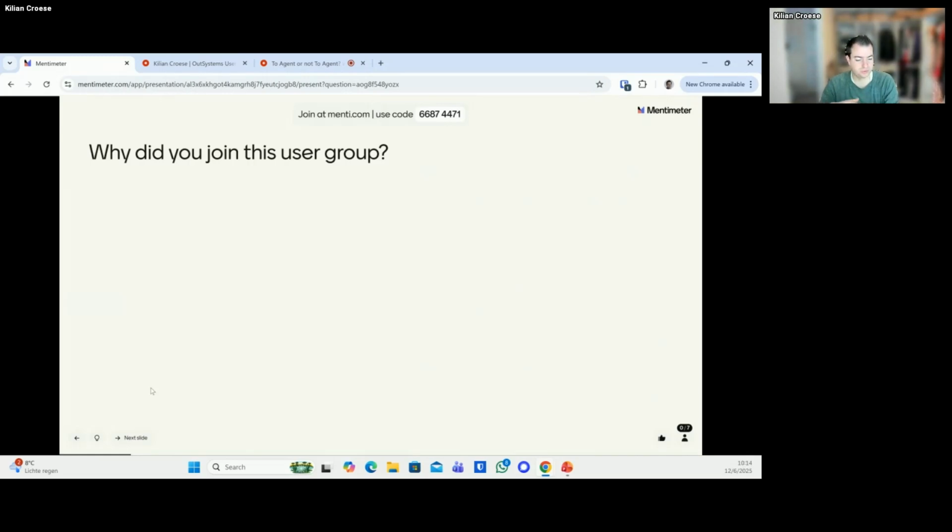So write down a few words what you hope to maybe learn or. Okay, when not to use AI. Contribute to the learnings for Outsystems. Cool. Learning, contributing, more learning.